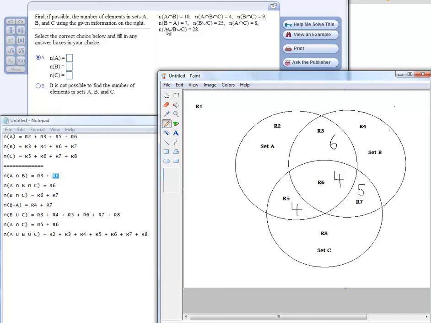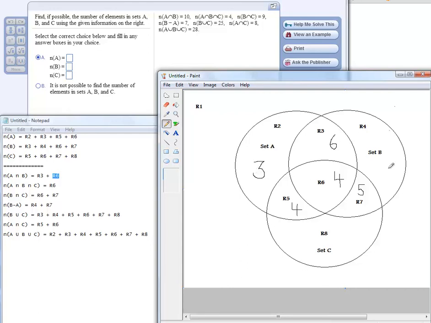But now let's take a look at the union of B and C. The union of B and C is going to be 25 elements. That's simply going to be R3, 4, 5, 6, 7, and 8. It's all of the ones in the previous statement except R2. So all of these contain 25 elements, and if we add in R2, it's now 28. So R2 has 3 elements in it.